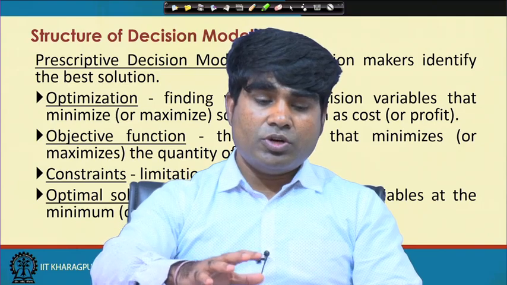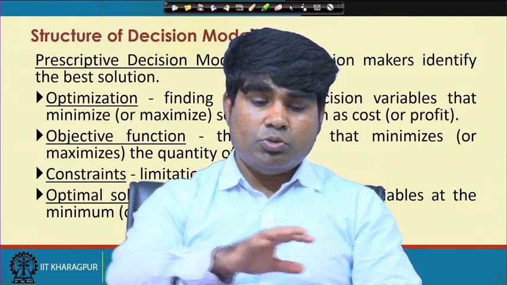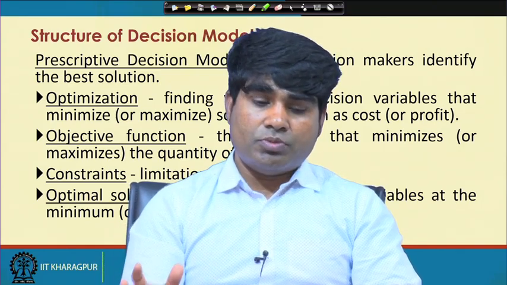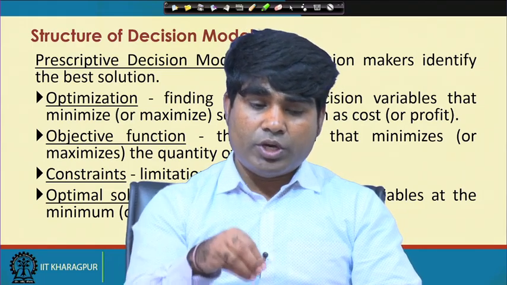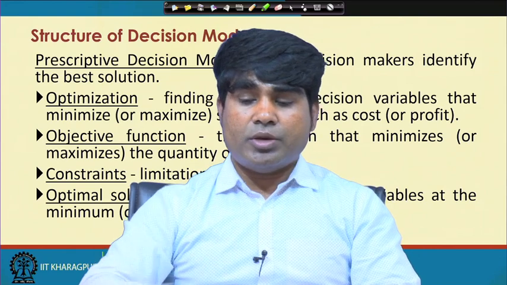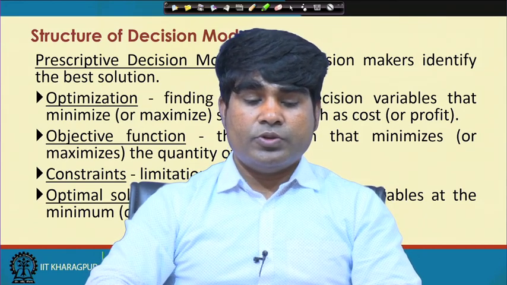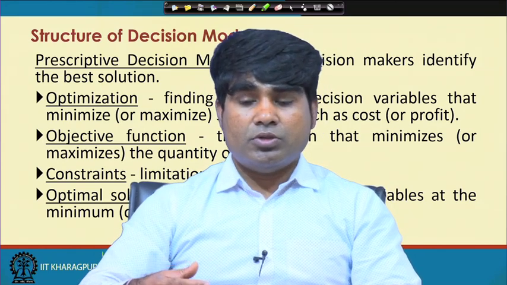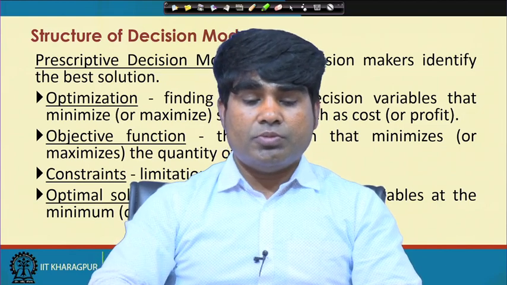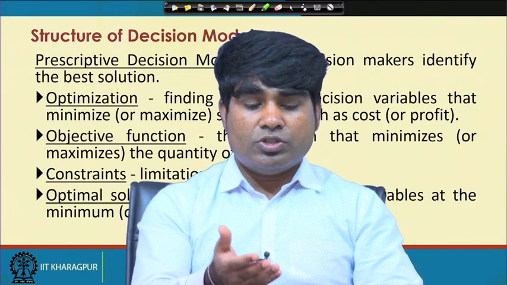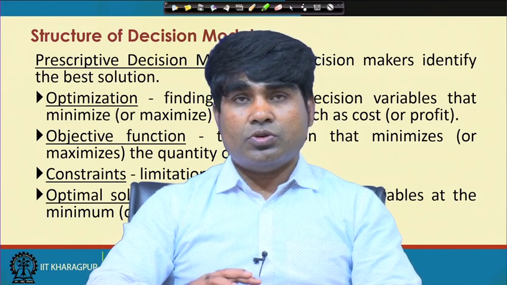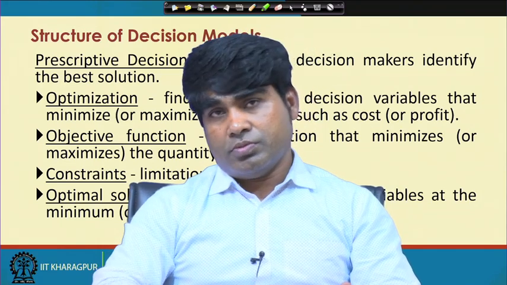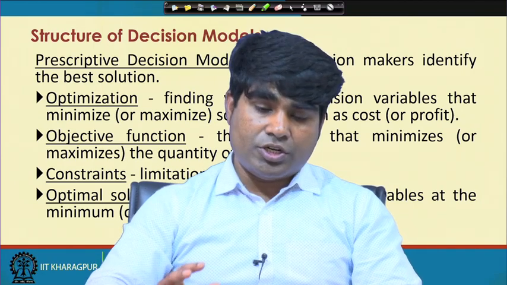In the decision model, the standard structure is that you must have an objective. Tool-wise, we apply optimization tools, and then obviously the structure is between fixing the objective function and constraints.